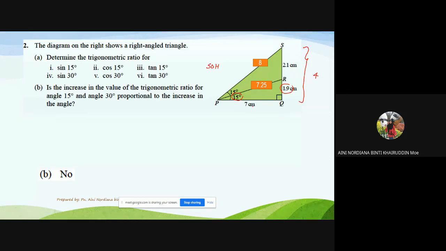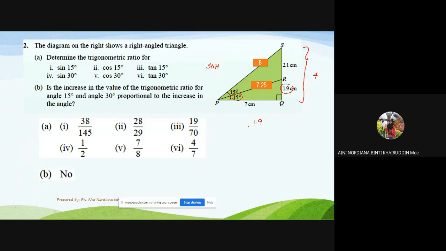So 7 square plus 4 square, then square root, you get 8. So sine 15, just now, opposite over hypotenuse. Opposite is 1.9. Hypotenuse is 7.25.